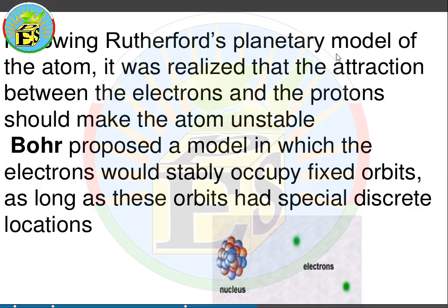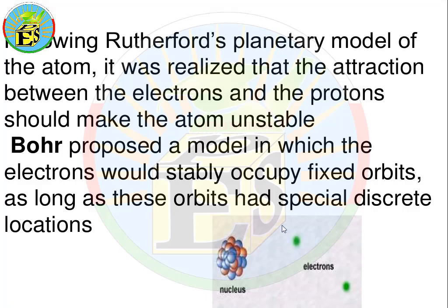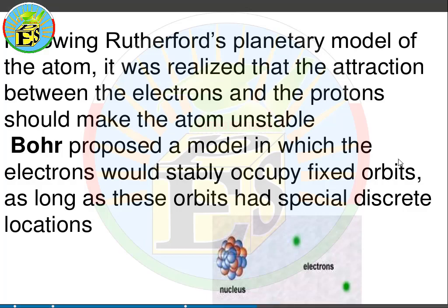Following Rutherford's planetary model of the atom, it was realized that the attraction between electrons and protons should make the atoms unstable. Bohr proposed a model in which the electrons would stably occupy fixed orbits as long as these orbits had a specific discrete location. It means electrons move in specific orbits. These orbits have different levels of energy.